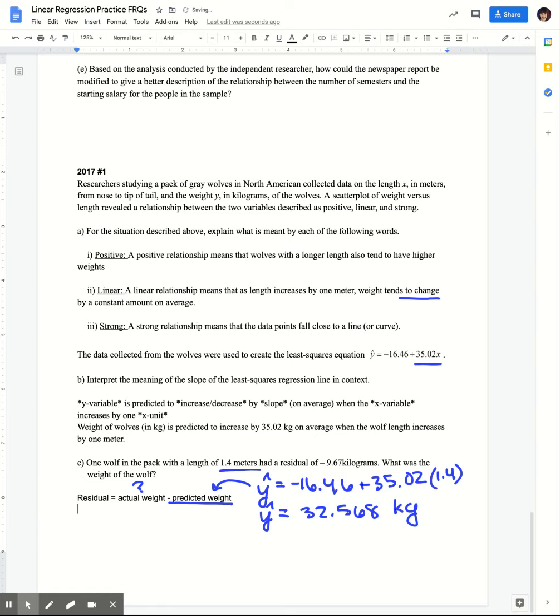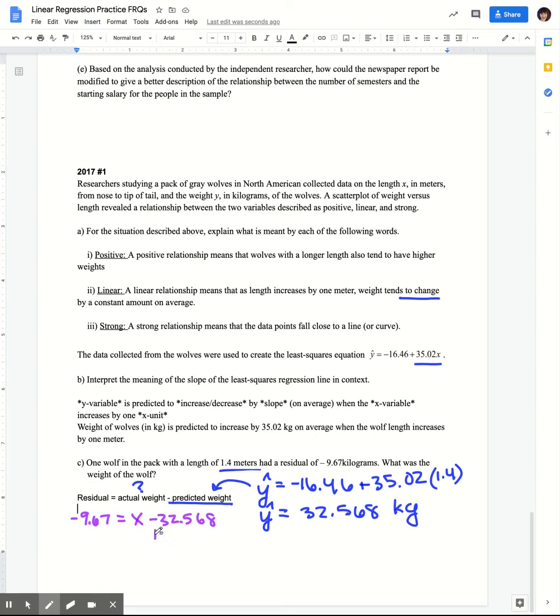oops, hold on. I'm going to have to type it here. Actually, I may have to switch over to writing because it's messing up my writing here. So now I know my residual is negative 9.67 equals my actual weight, x, because that's what I don't know, minus 32.568.